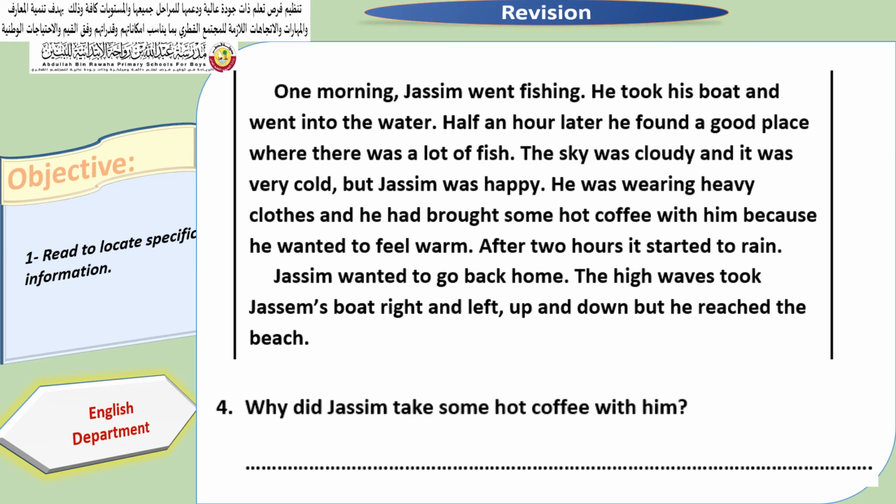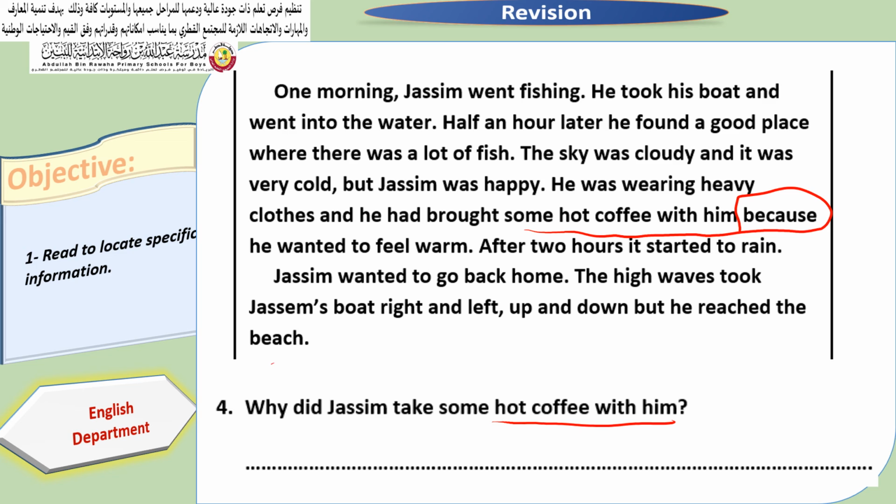And now, question number 4: why did Jassim take some coffee with him? Look for this phrase, some coffee with him, in the text itself, and we will find it here: some coffee with him because.